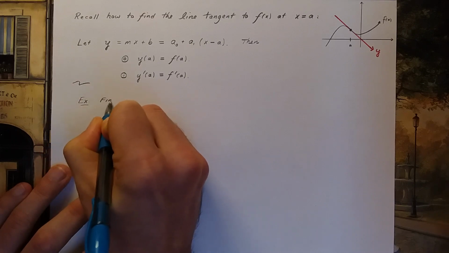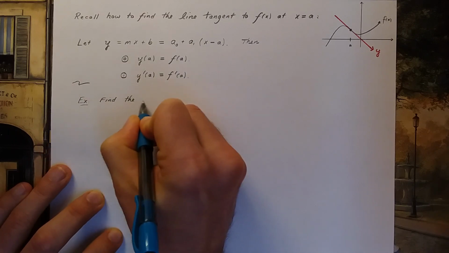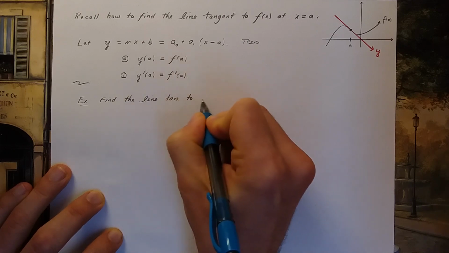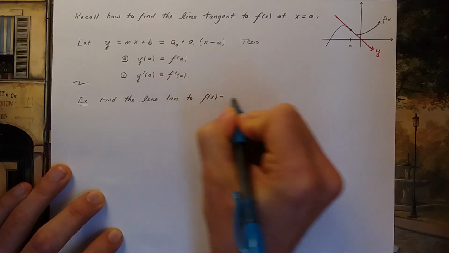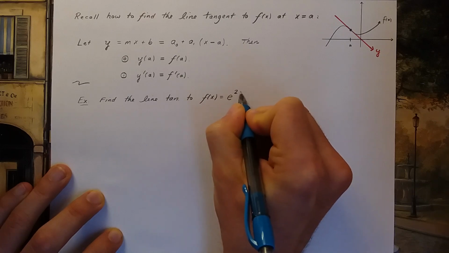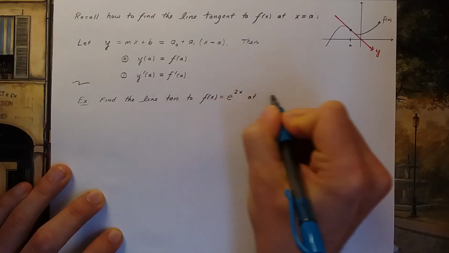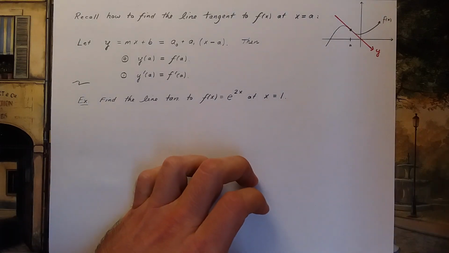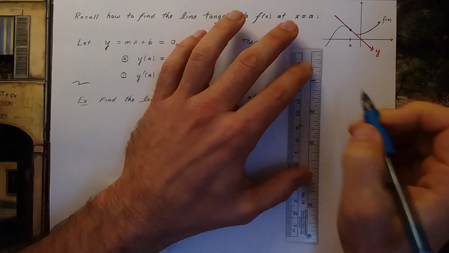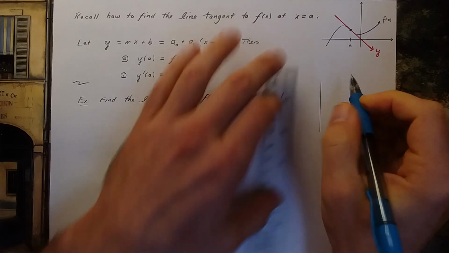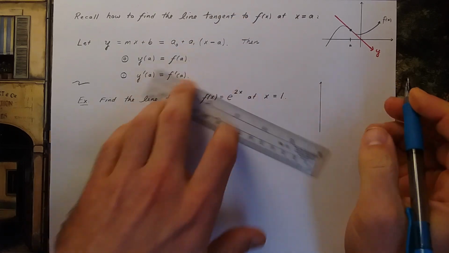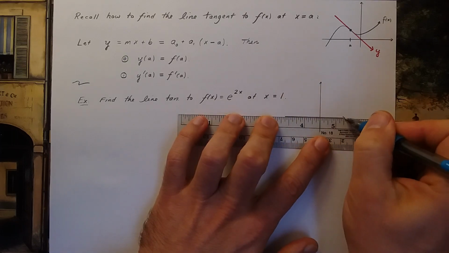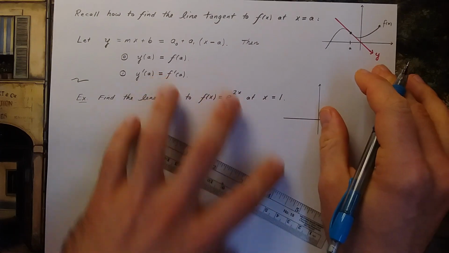Let's find the line tangent to the graph of e to the 2x at x equals 1. So here's the picture. We all know the graph of e to the x has exponential growth, very fast growth, shoots straight up almost.